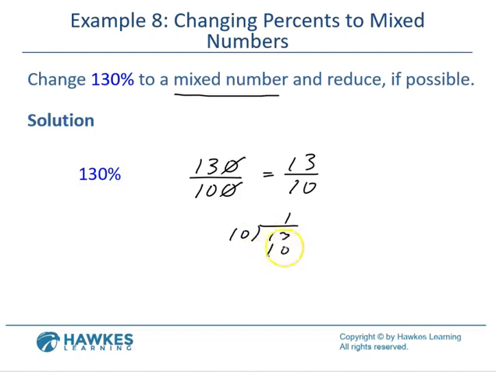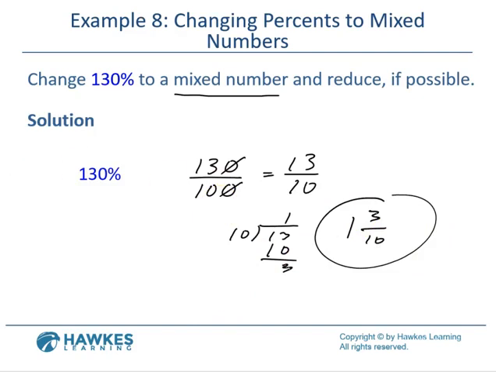That goes in one time and leaves me with a remainder of 3. So the mixed number is 1 3/10. So 1 3/10 is the same as 130%, and there's our answer right there.